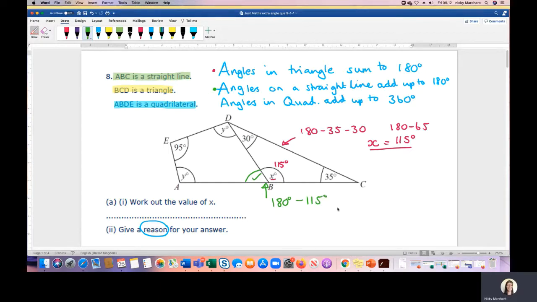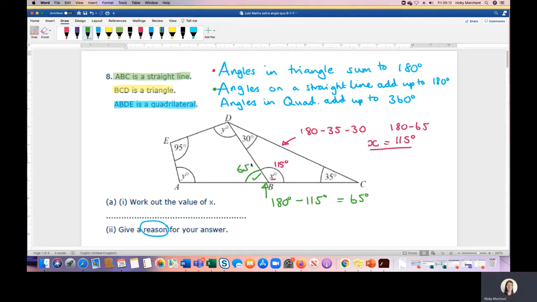Now that is going to give me 65 degrees. I'm not doing this in my head. I'd always write it down as a calculation or use a calculator. So if you're not sure about doing subtraction as a non-calc method, please do go and find the subtraction methods on our YouTube channel. So 65 degrees here.